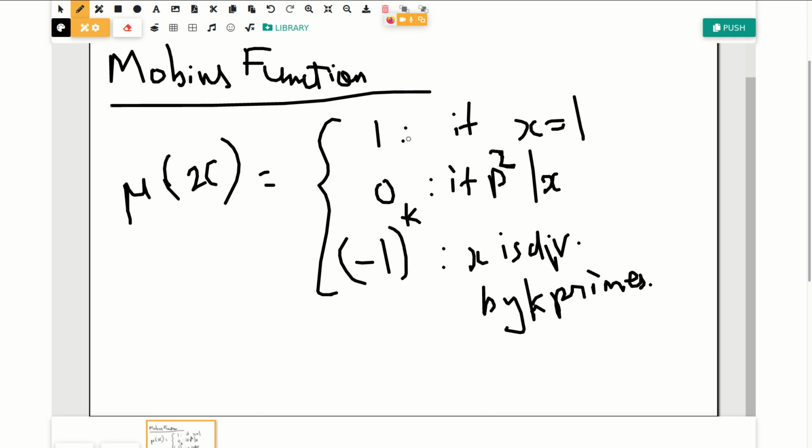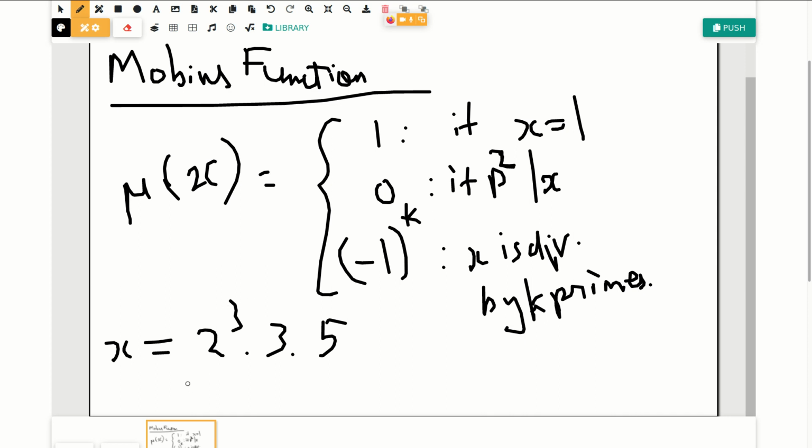Yeah. Okay, so if x is equal to 1, mu of x is equal to 1, and 0 if there's any prime dividing it more than once. Suppose x is of the form 2 to the power 3 into 3 to the power 1, into 5. The mu of x value for this would come out to be 0 because 2 squared divides this x value.